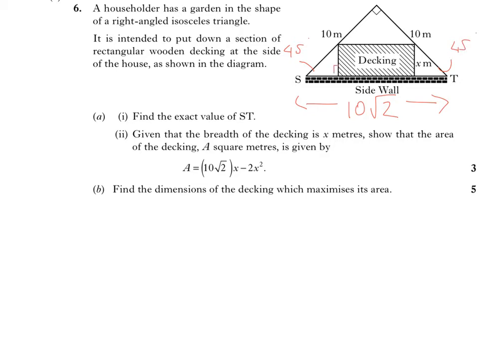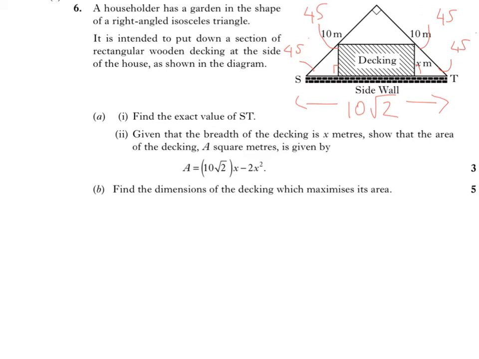I can see that that's a right angle and that's a right angle. That tells me that this angle here is also 45, and this angle here is also 45. Meaning that as well as the bigger triangle here being a right-angled isosceles triangle, this is also a right-angled isosceles triangle, as is this bit.